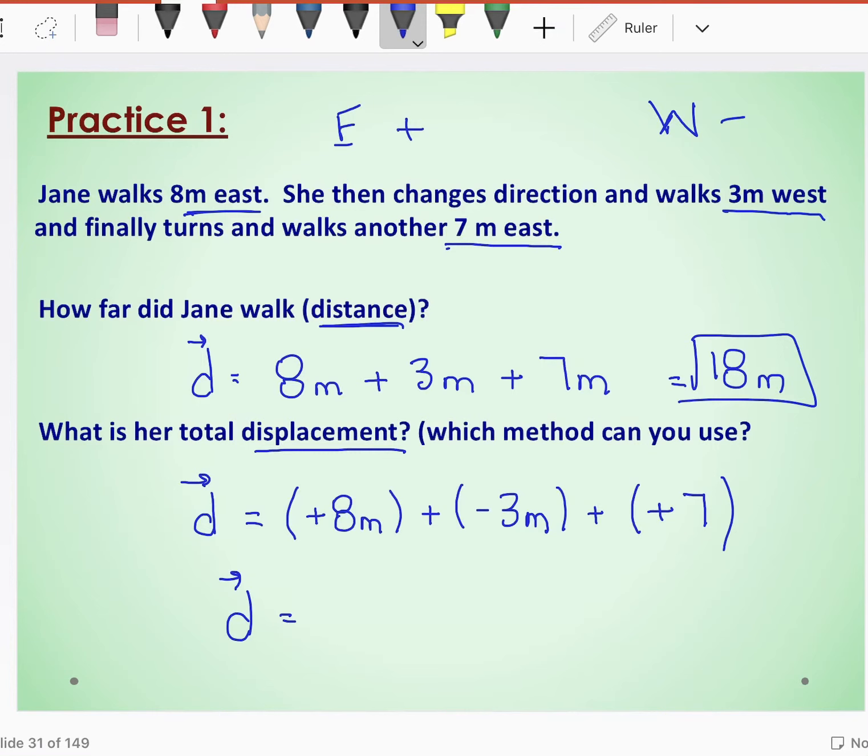So +8 plus a -3 plus a +7, that's going to be +12 meters. Now I'm going to convert that. I'm not going to leave it like this, because we are dealing with directions and I had assigned east as positive. That becomes 12 meters east.